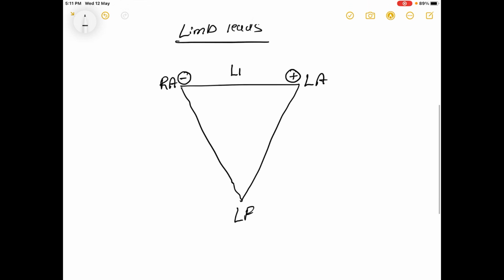Then for the second lead, the right arm is on the negative terminal and the left foot is connected to the positive terminal, and this forms lead 2. And for lead 3, the left arm is connected to the negative terminal and the left foot is connected to the positive terminal, forming lead 3.